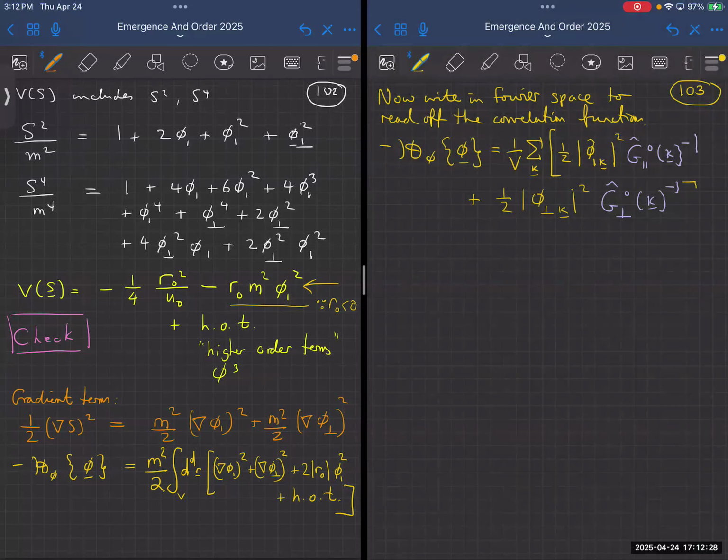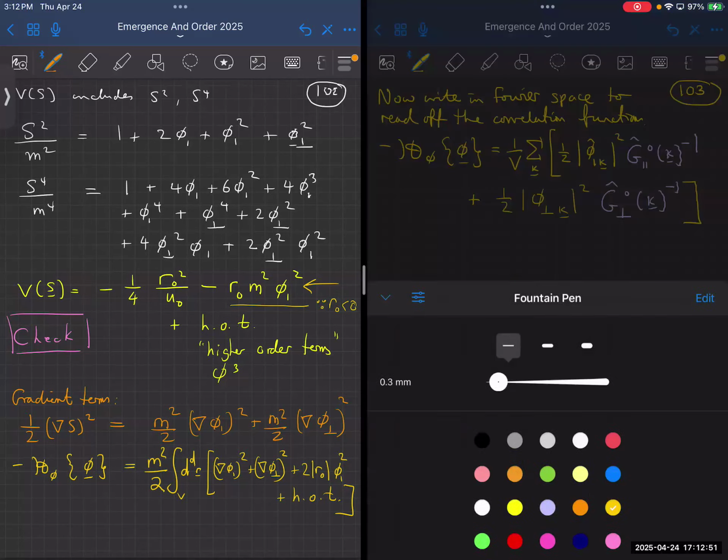I know that those things are going to be the correlation functions because last time we saw that the coefficients of the quadratic terms in k space are just the inverse of the Fourier transform of the 2-point correlation functions. We've got a correlation function for the longitudinal ones, that's phi 1, and a correlation function for the transverse ones, that's phi perpendicular.